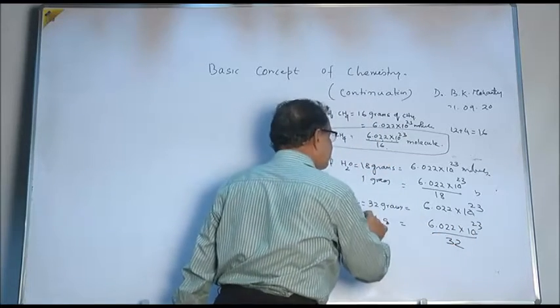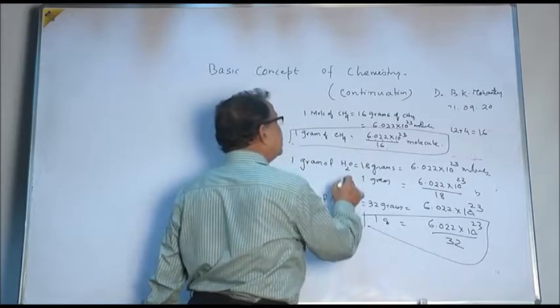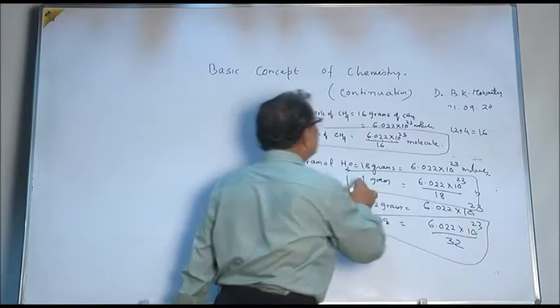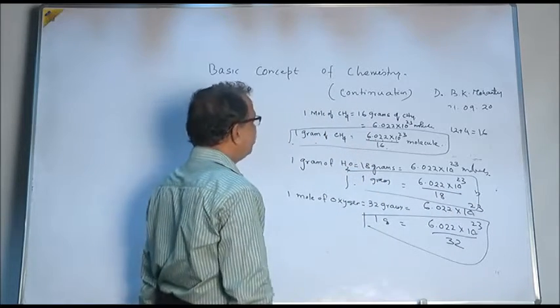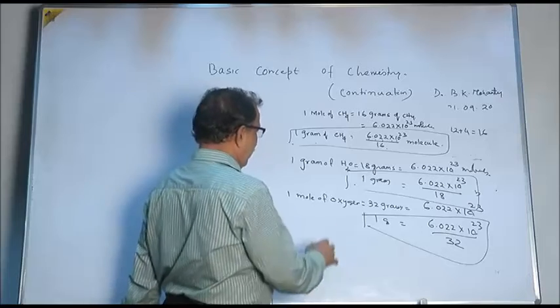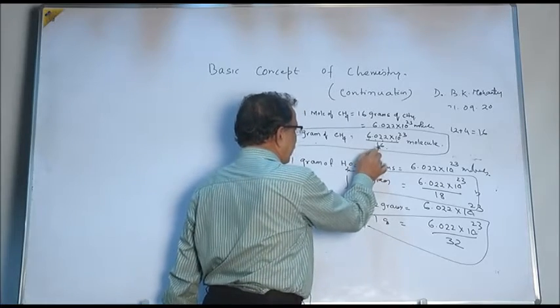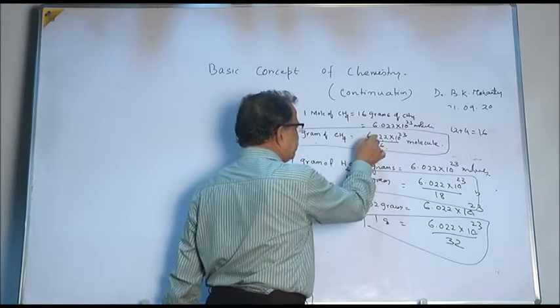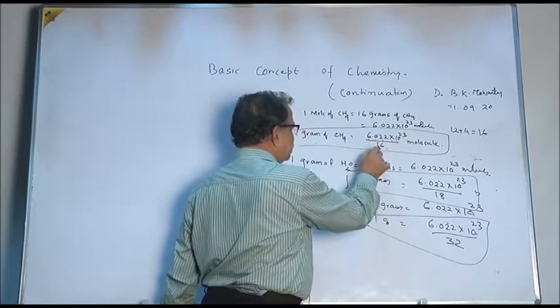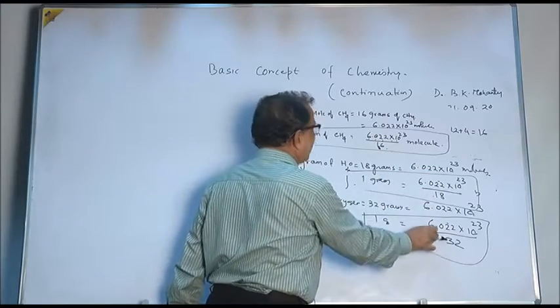Now this is 1 gram of oxygen, this is water, this is methane. Which is bigger? The bigger the denominator, the smaller the value: by 16, by 18, by 32.